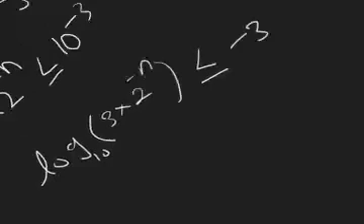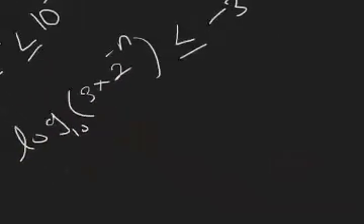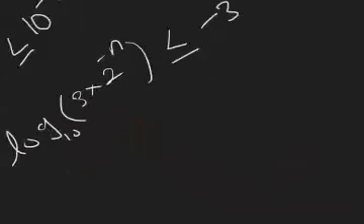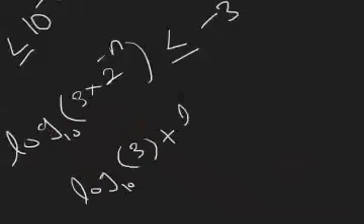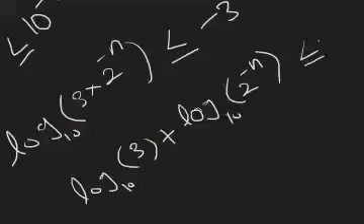Okay, so I think you know the log of a product of two numbers is equal to the sum of logs, right? So this one is log base 10 of 3 plus log base 10 of 2 to the minus n, less than or equal to negative 3.